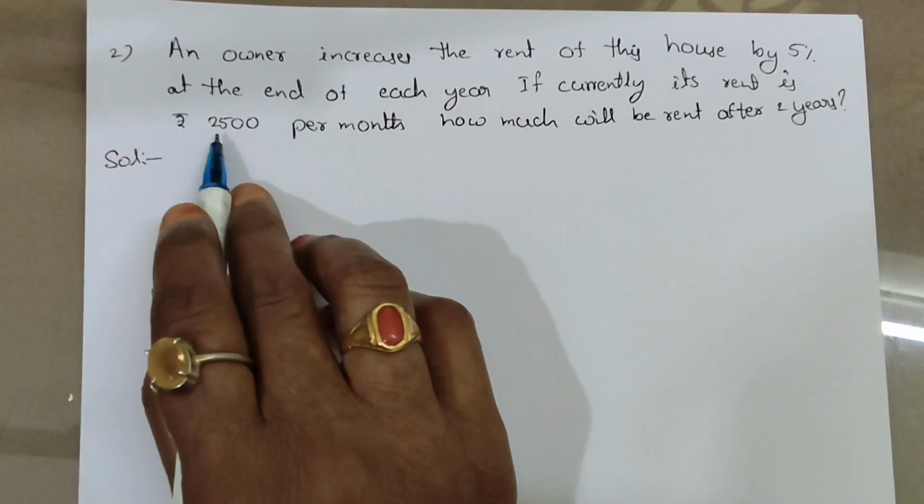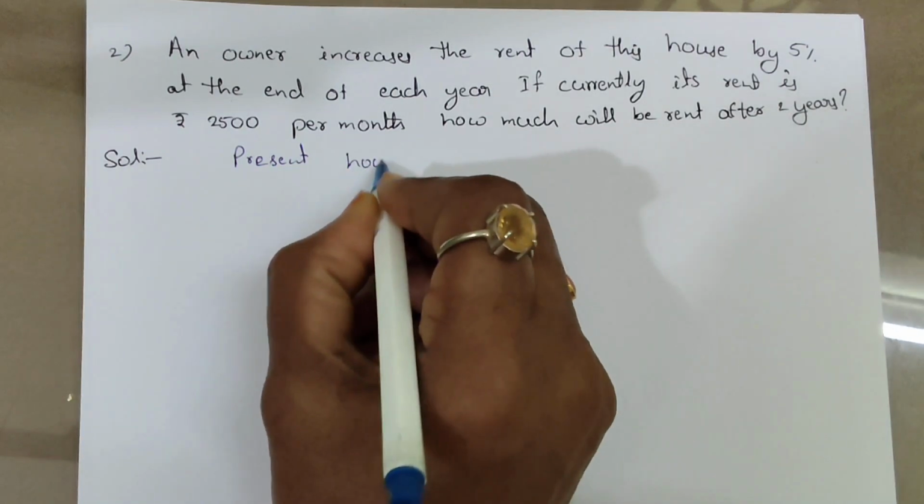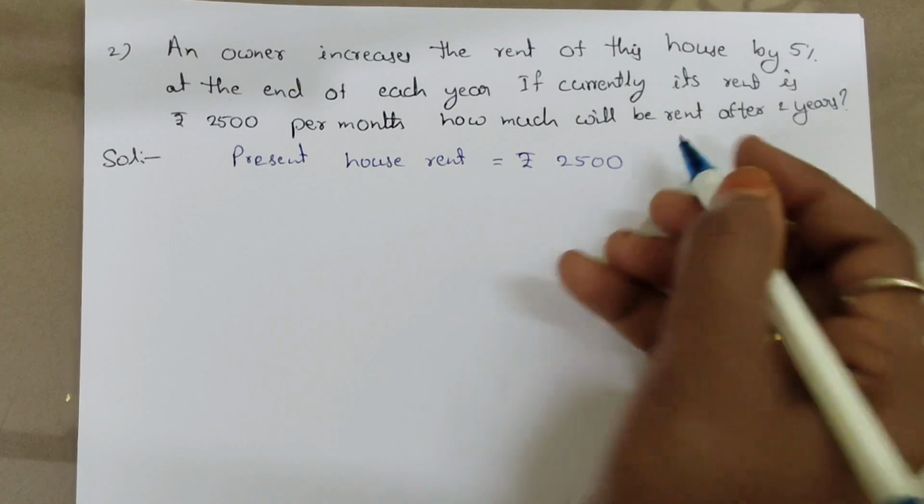Now the present rent is 2500 per month. So we write: present house rent 2500.